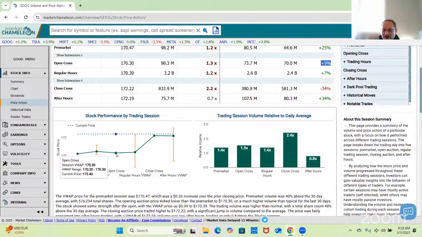And then once you have the opening cross, we go into regular trading hours. That's when the specialists and market makers are providing liquidity. The order book is available to trade, and we have continuous trading going on, and all the rules of regular trading hours are in effect. You've got Reg NMS rules and all that going into effect.